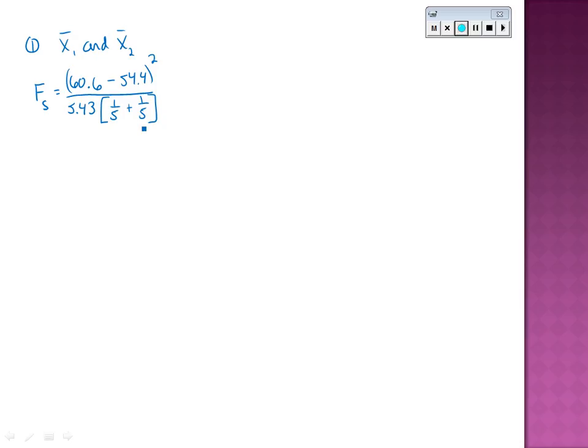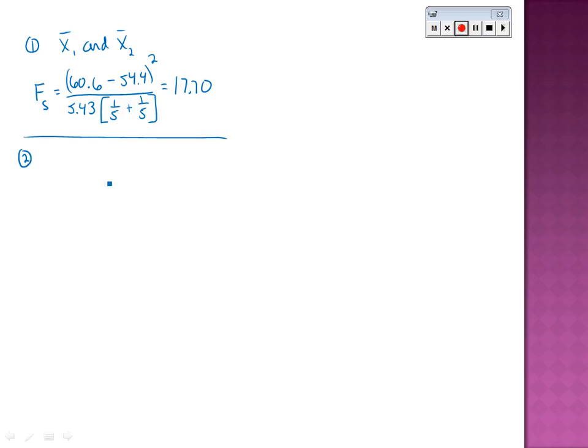So we do a little computation and we come up with our F sub s approximately 17.70.